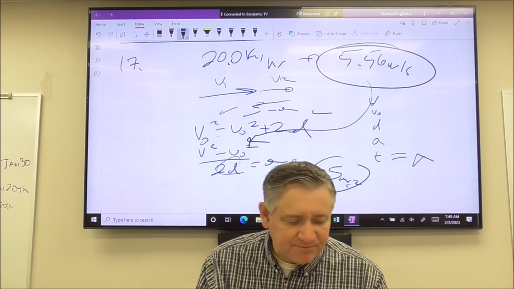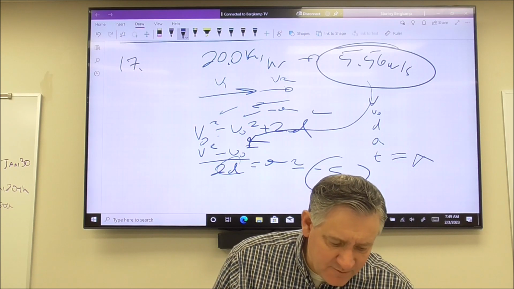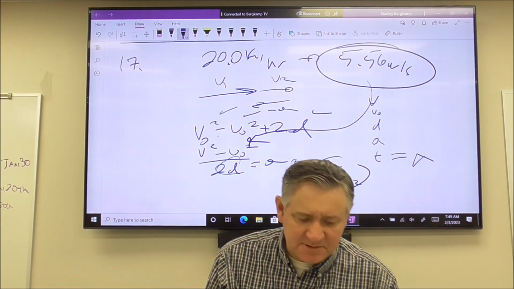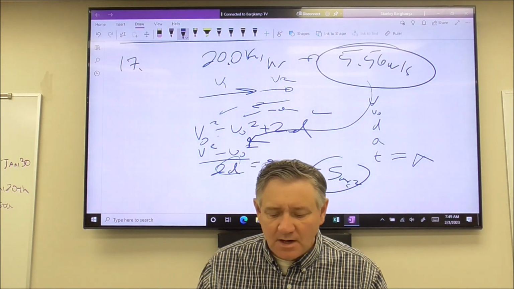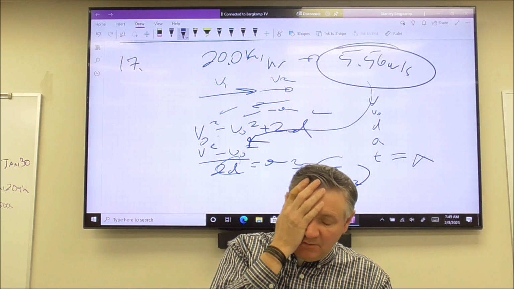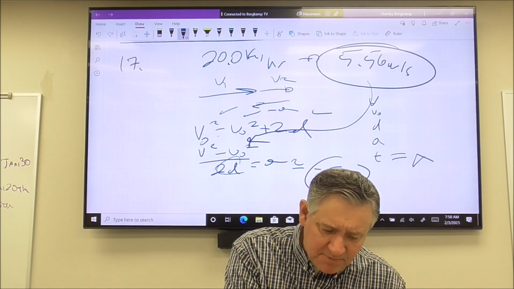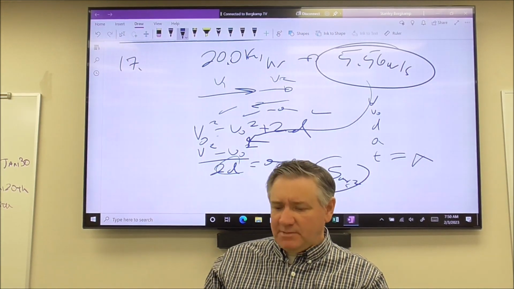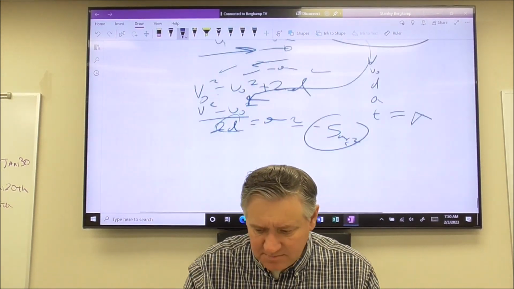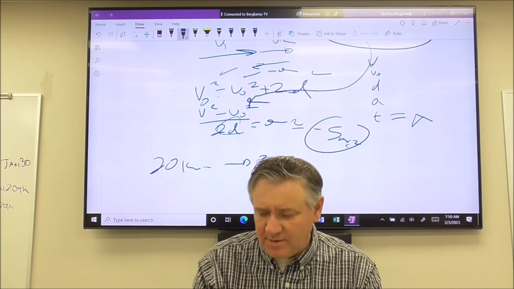You have options. So on C, how far would it take the car to stop while going from 40 kilometers per hour to rest? Now, here's what you're tempted to do. You say, well, if I was going 20 kilometers per hour, I stopped in 3 meters.